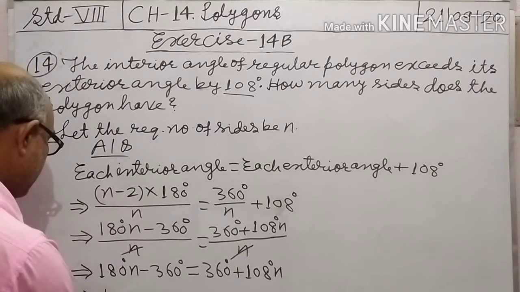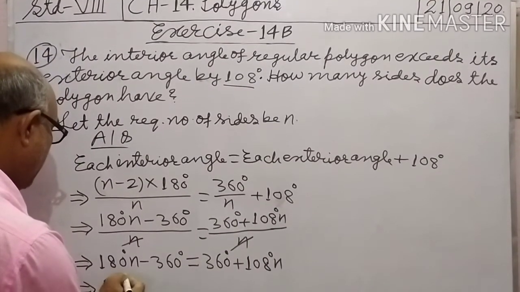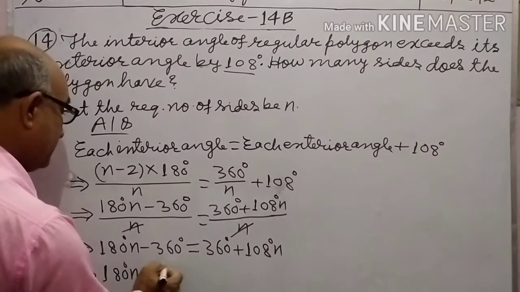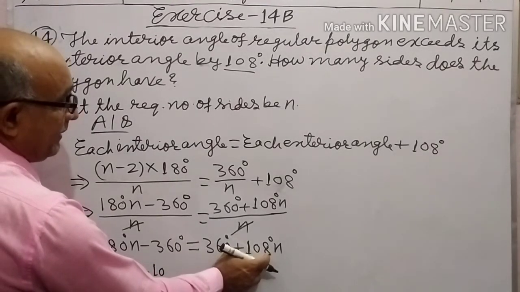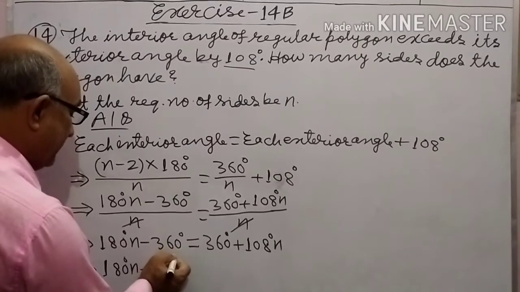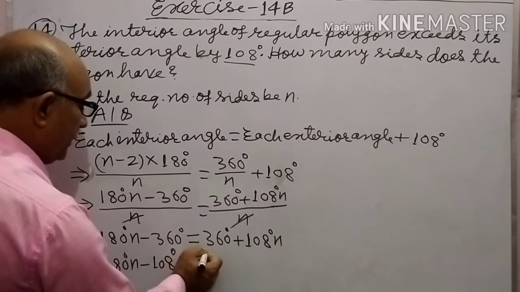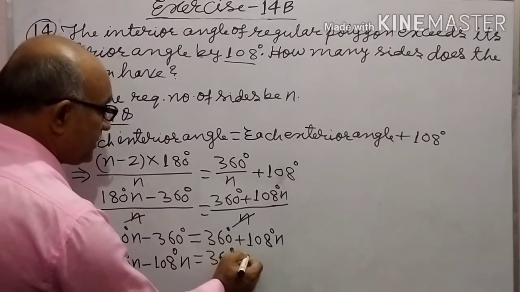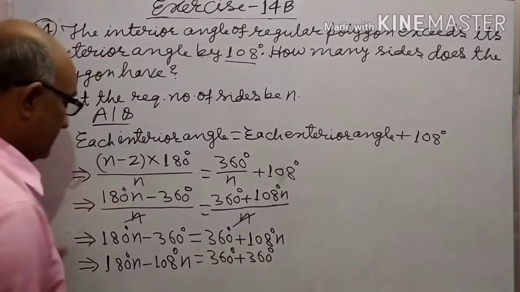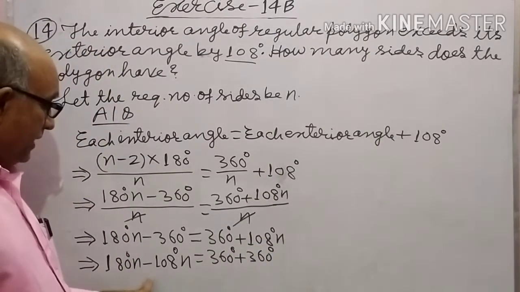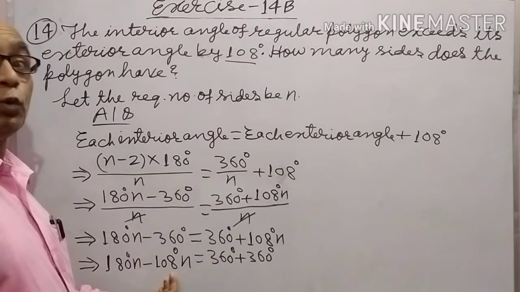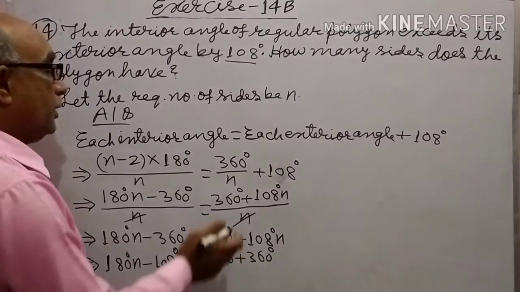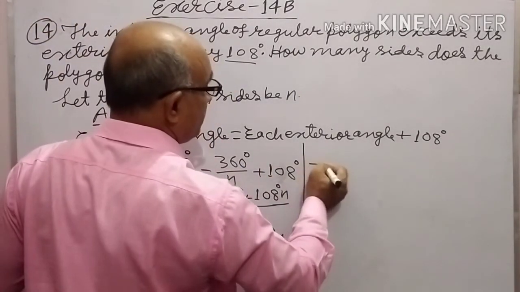Now by transposition, 180 degree n minus 108 degree n equal to 360 degree plus 360 degree. Here 180 degree n minus 108 degree n equal to 72 degree n equal to 720 degree.